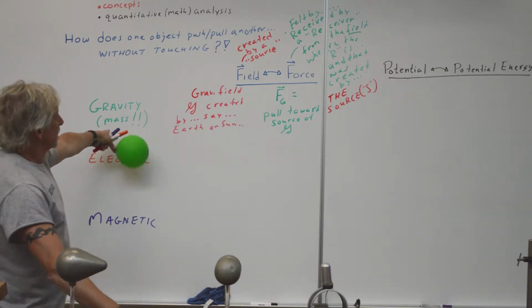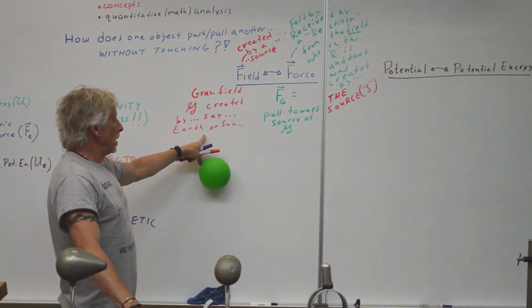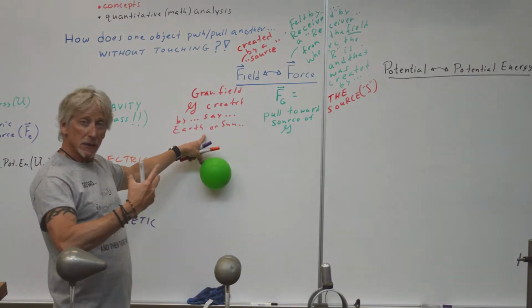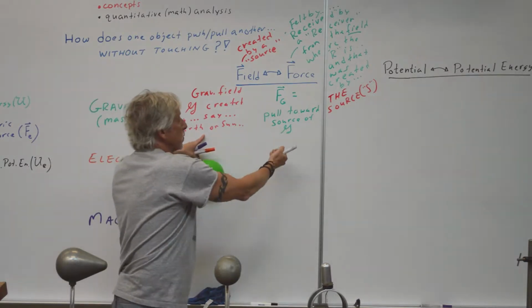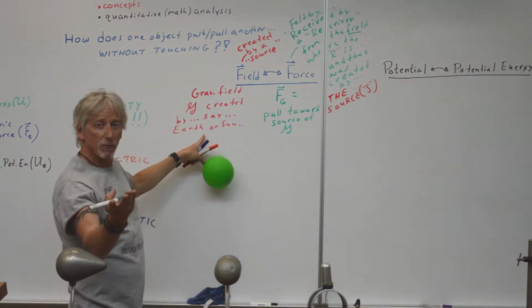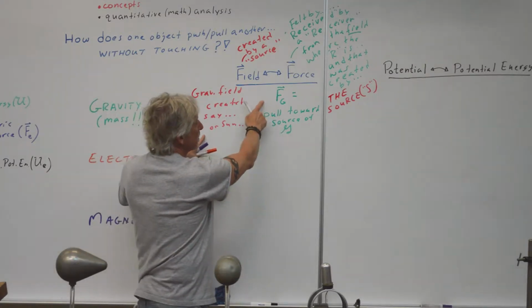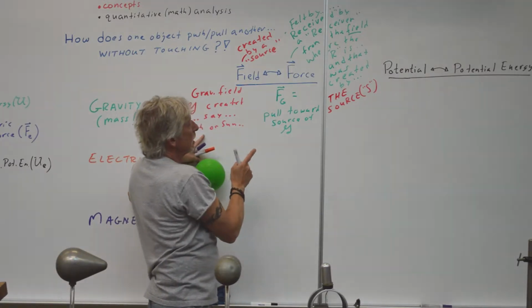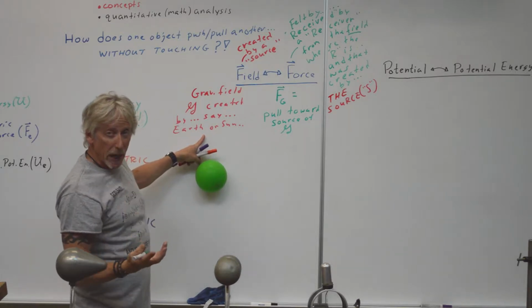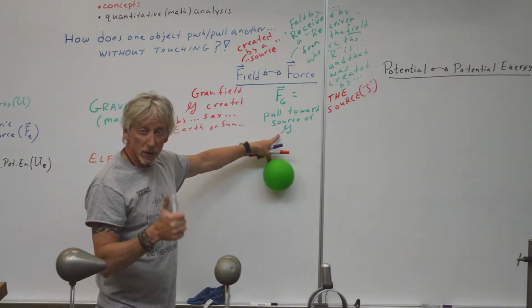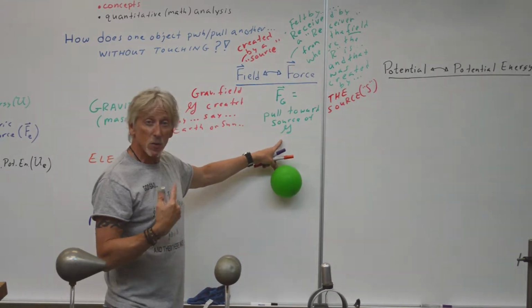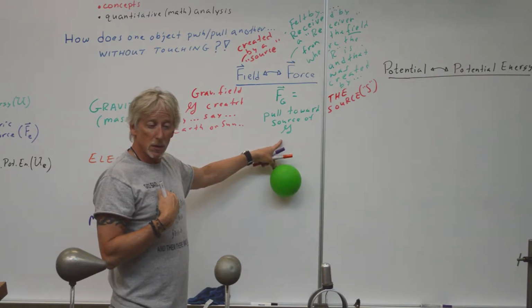So mass creates a field, and when an object with mass is at some place where there's a field, it will experience a force that has a strength dependent on how strong the field is there and how much mass the receiver has.